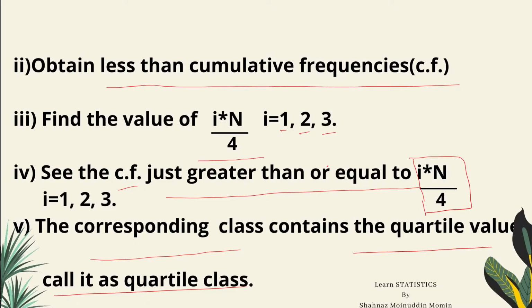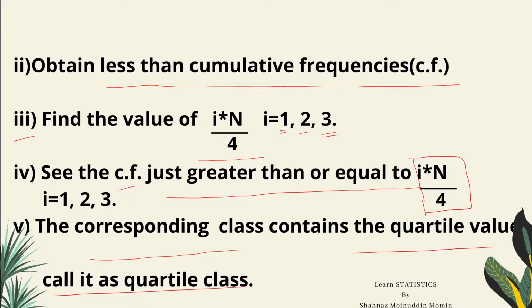Second step is obtain less than cumulative frequency, and then find in the third step I into n upon 4, where I is 1 for first quartile Q1, for second quartile Q2 it is 2, and for the third quartile it is 3. Next, fourth step is see the cumulative frequency just greater than or equal to I into n upon 4. I is 1, 2 or 3.